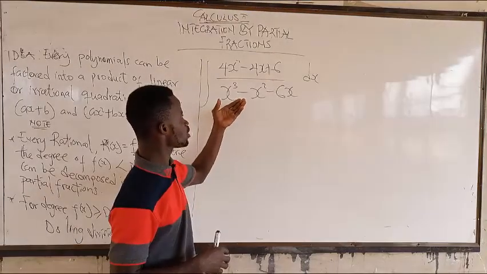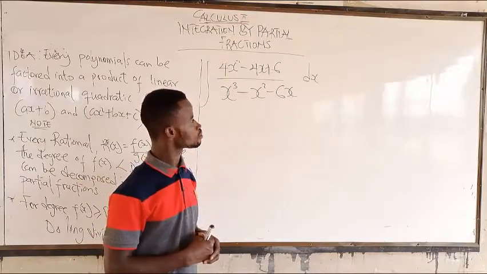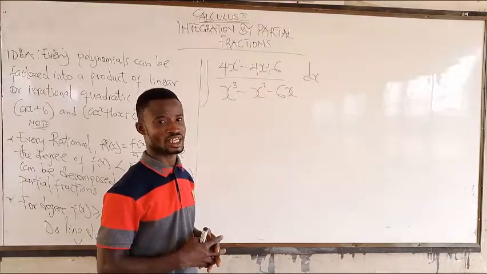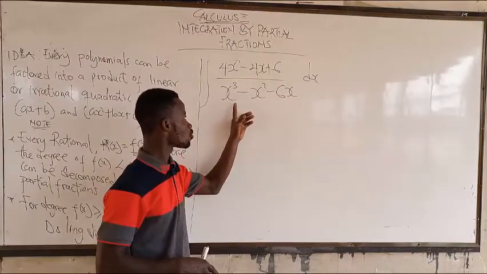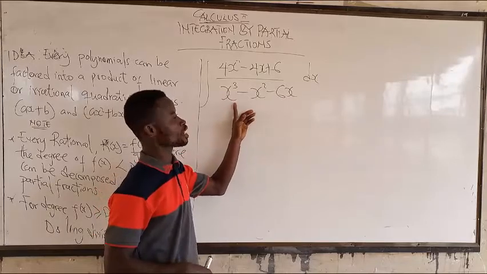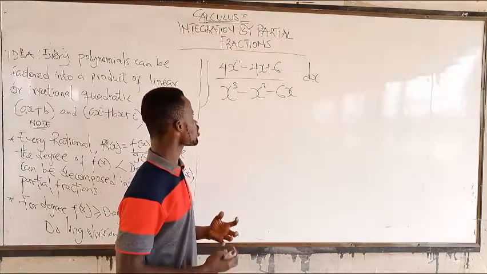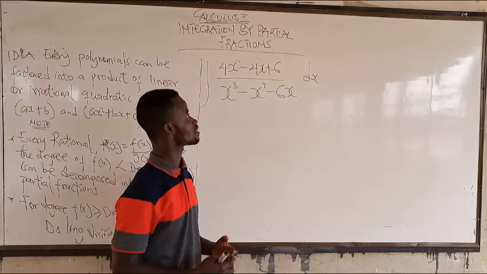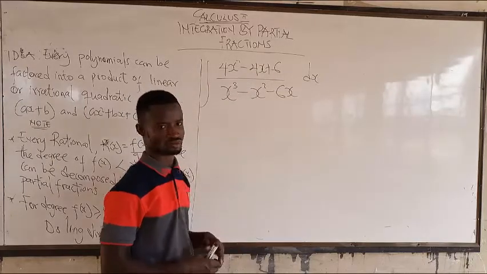Looking at what we have here, can we solve this by substitution? You can see that it cannot. If we try to set u to be equal to the one here, that is s cubed minus s squared minus 6s, we are going to get 3s squared minus 2s minus 6, and that is not in this.